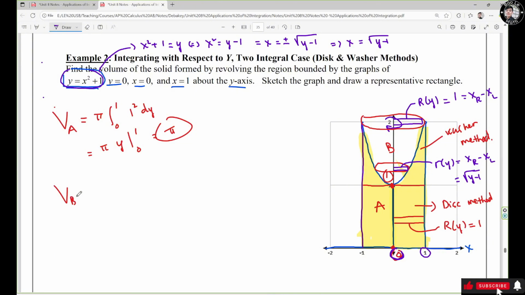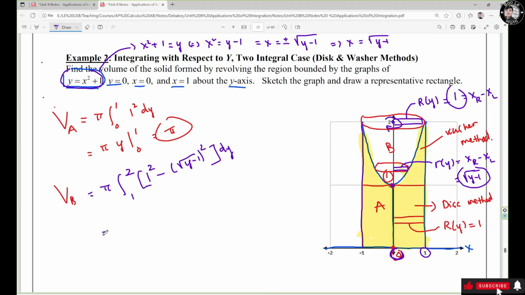That's it. So volume of the solid B is pi times the integral from 1 to 2 right here, of the bigger radius, which is 1 right here, squared, subtract the smaller radius, which is square root of y minus 1 right here, squared, dy.